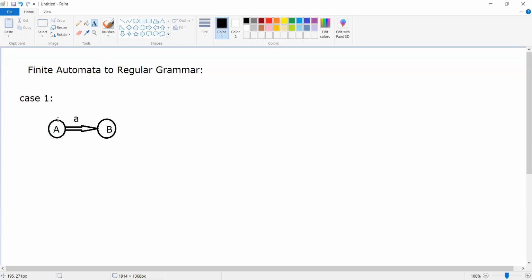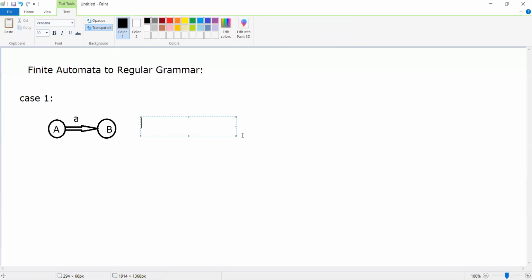Whenever we have this type of transition between two different states, the equivalent grammar will be written as follows. What is the state from which the transition has started? It is capital A, so this state is going to become a variable.